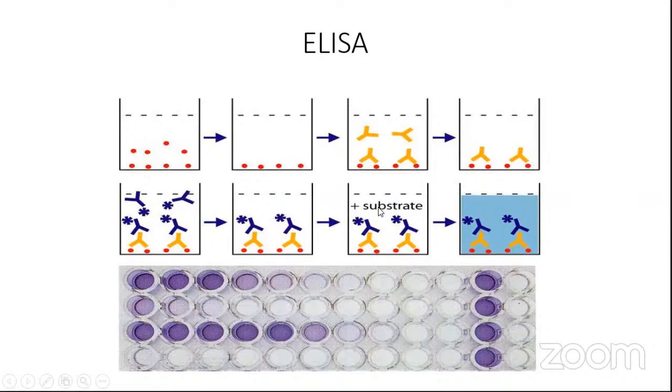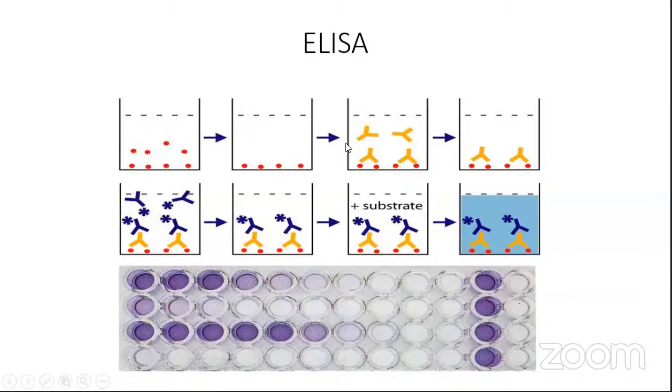Once you add the substrate, the enzyme attached to this antibody will act upon the substrate and produce a color change. You detect the color change by means of optical density, and each kit gives a calculation based upon the positive control and negative control, and it tells you whether the sample contains an antibody or an antigen. You can also detect the antigen, where the antibody has to be coated inside.